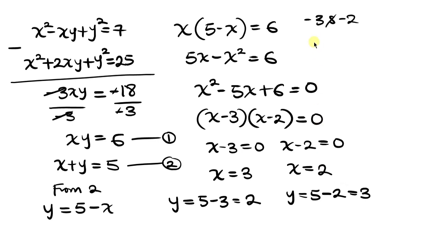So the values for x and y we have are, when x is 3, y is 2. And when x is 2, y gives 3. But remember, the question requires us to find the value of n. Let's move on to the next slide.